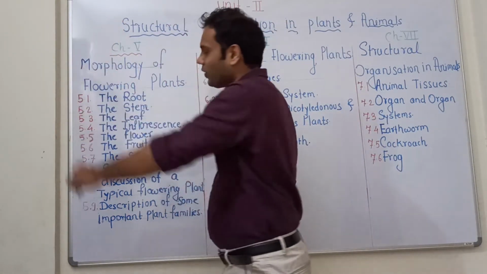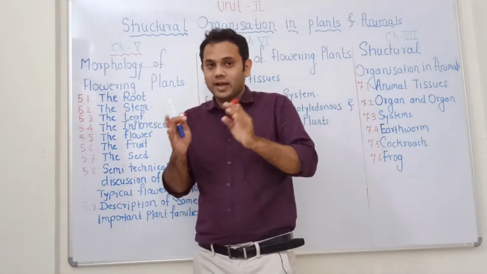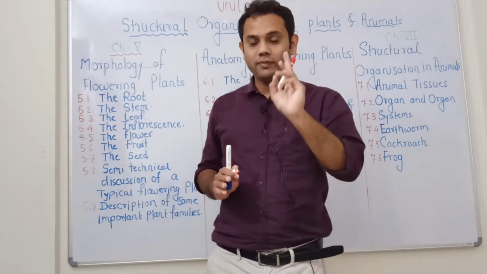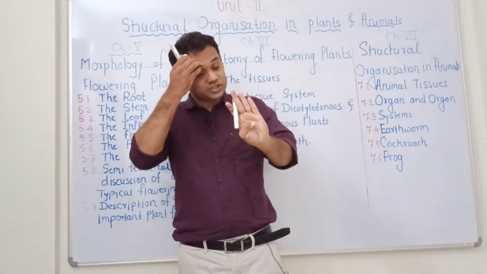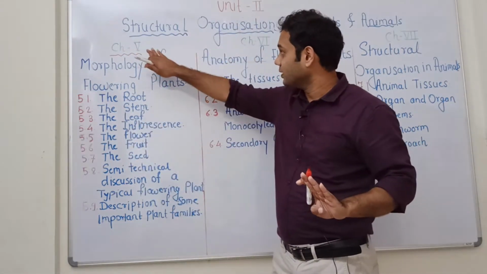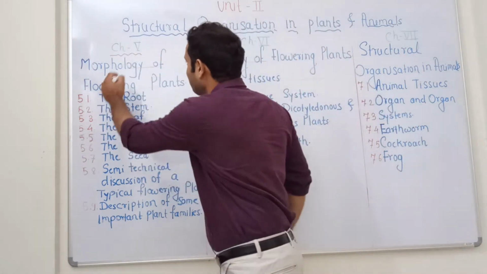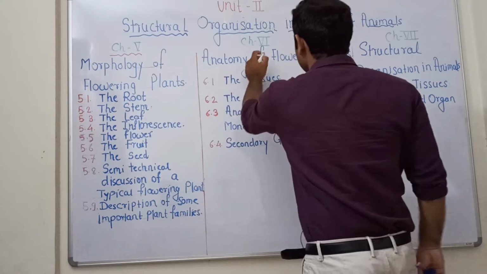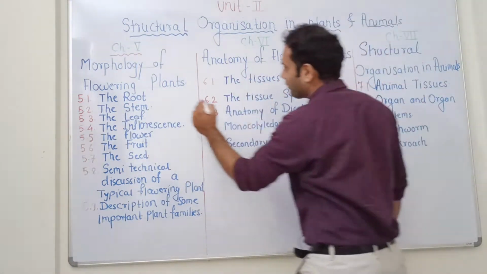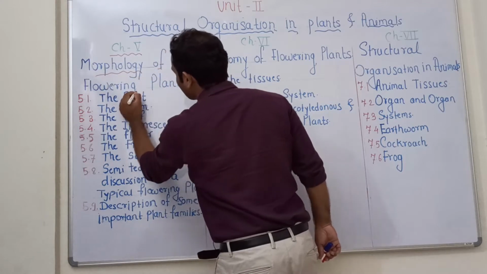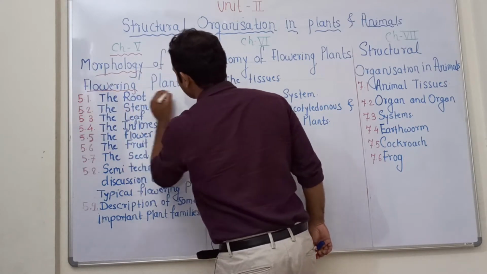Earlier we have seen that unit number one has 4 chapters, and this unit number two has 3 chapters: chapter number 5, chapter number 6 and chapter number 7. Chapter number 5 is about the morphology of flowering plants.